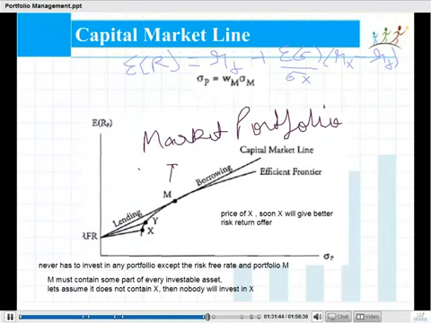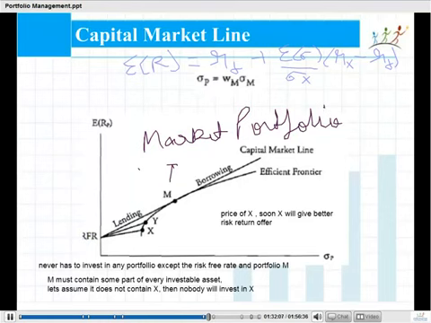So, portfolio M must contain some part of every investable asset. Otherwise, people will never invest in that asset because they only need to invest in portfolio M and some combination of the risk-free rate.